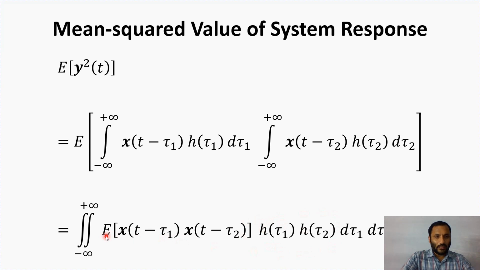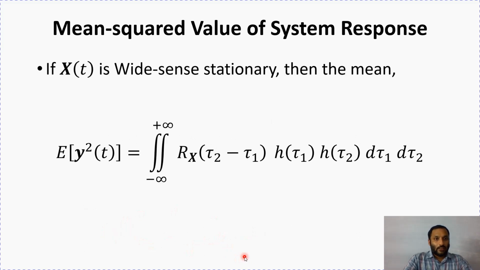Now can you recognize what this expression is? It is the product of two random variables of the same process x taken at two different time points. So it is the definition of the autocorrelation function.